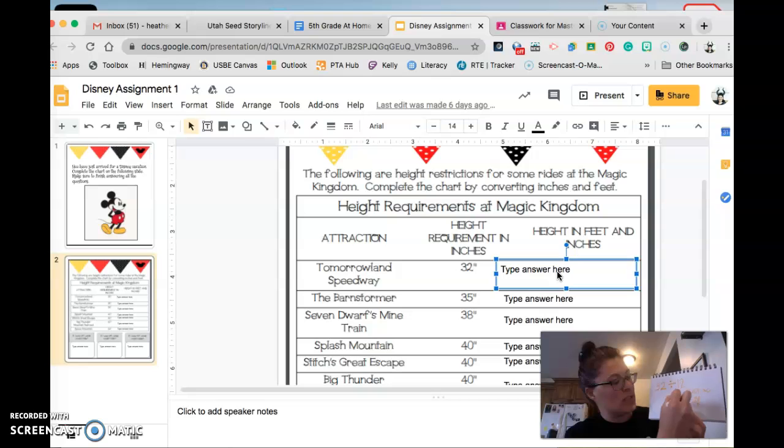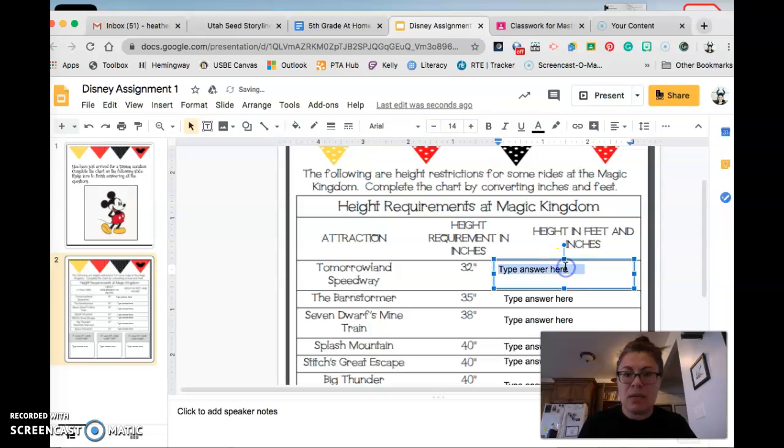That's how many times we subtracted 12. That makes a foot. So my answer, I'm going to write right here on the paper. I'm going to double click. Oops, I moved the box, which is okay. So I'm going to write 2 feet 8 inches. Does that make sense?